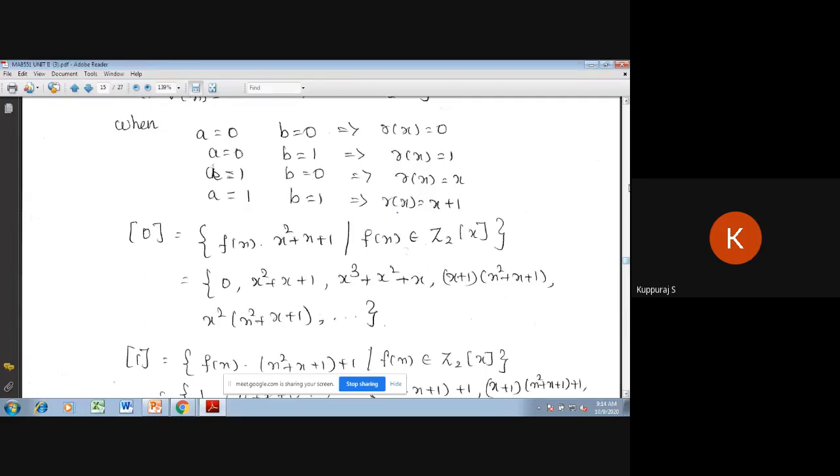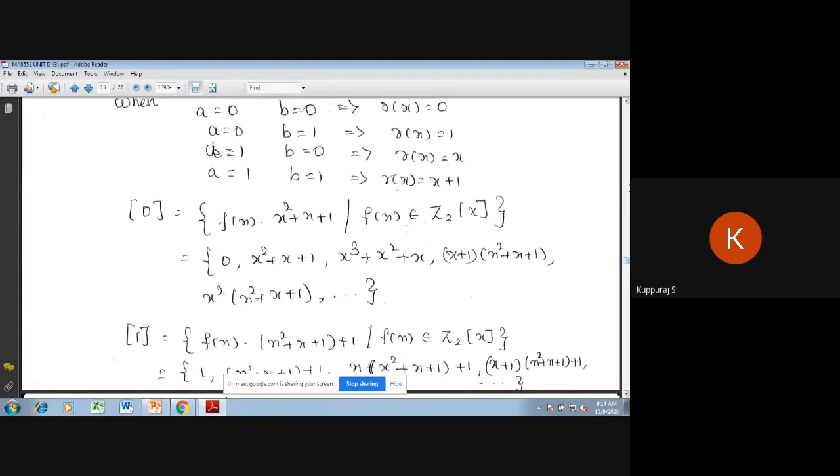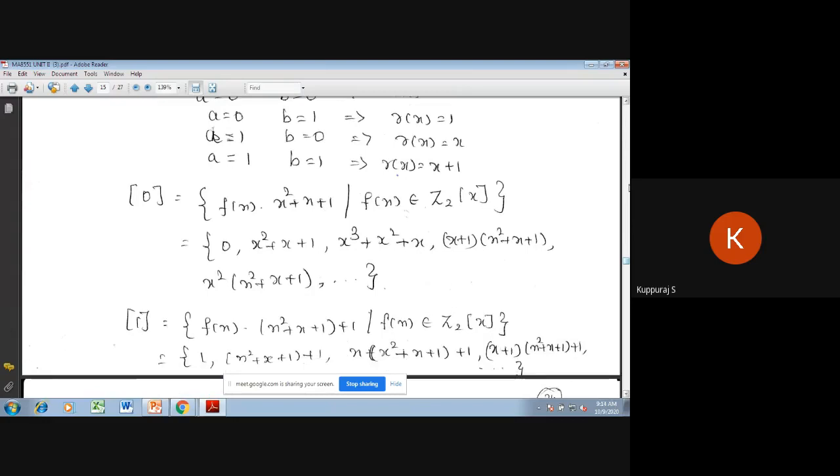If f of x is equal to 1, then 1 into x square plus x plus 1 is another possible element. Suppose f of x is x, then x into x square plus x plus 1 is x cube plus x square plus x. Then f of x as x plus 1, you get x plus 1 into x square plus x plus 1, etc. So the set goes on.